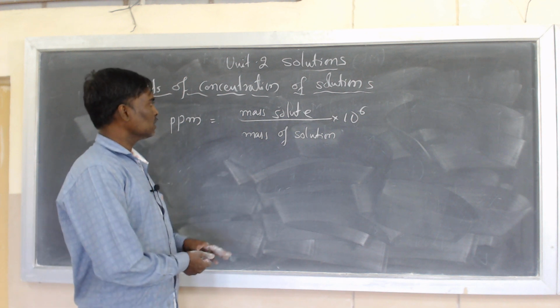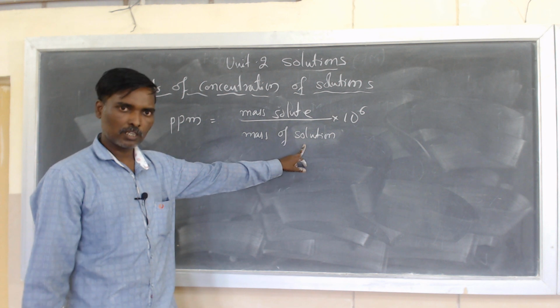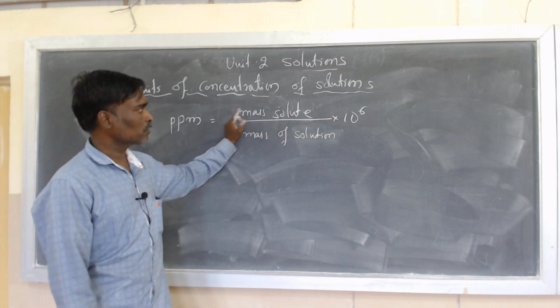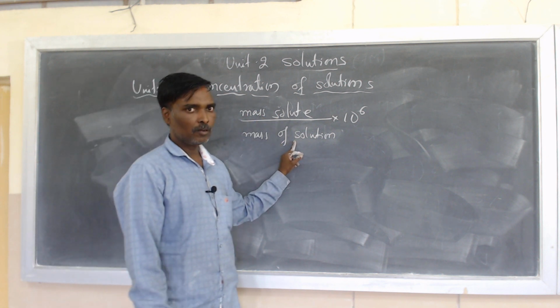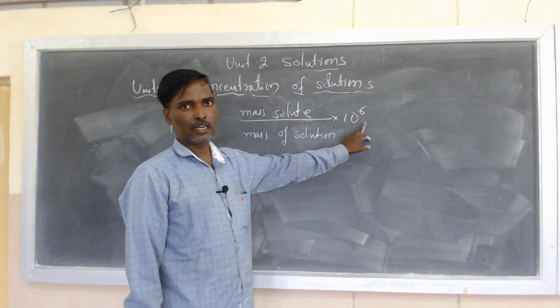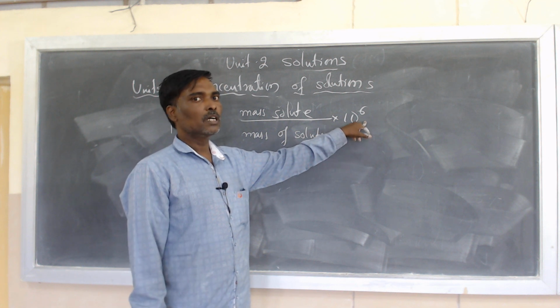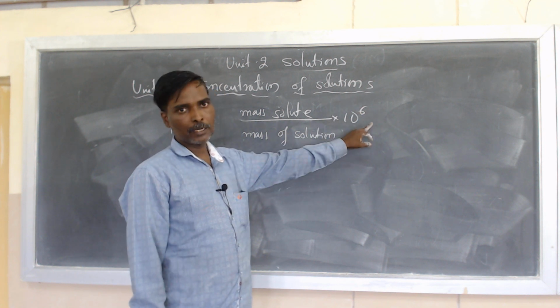In mass percentage also we use the same formula, the mass of solute by mass of solution. In ppm also we are using mass of a solute by mass of solution. In mass percentage we multiplied that by 100, because we are expressing the concentration in terms of percentage. So that's why we multiply that by 100.